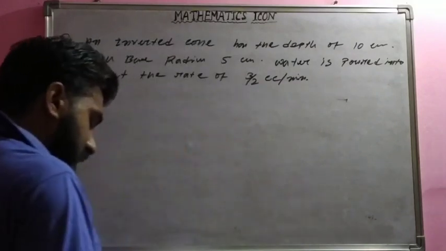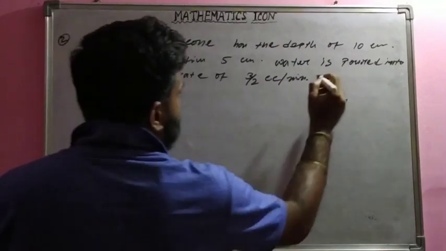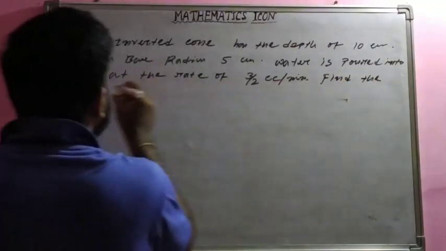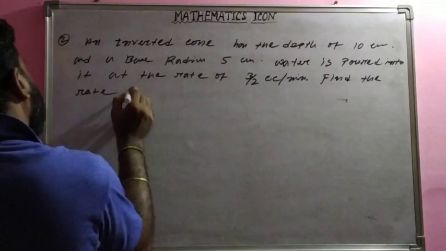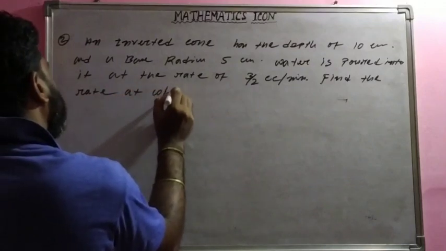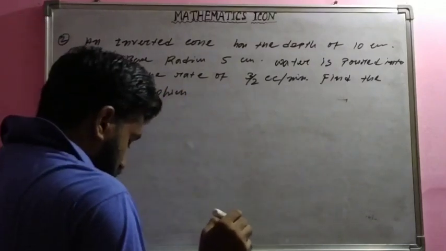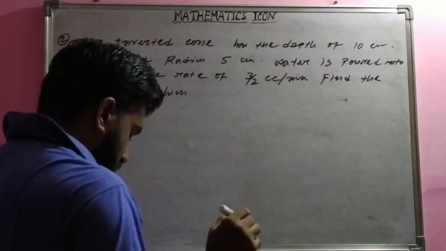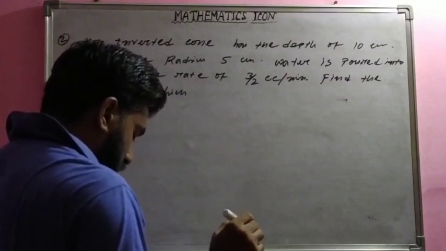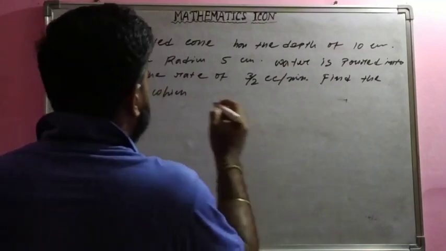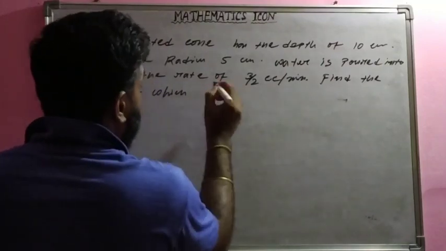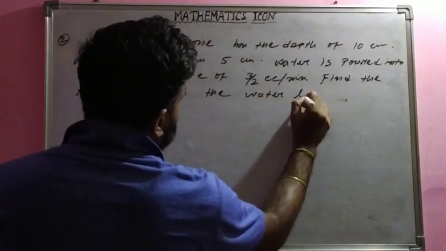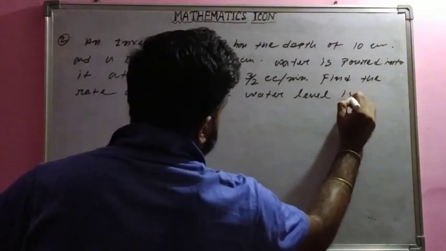Cc per minute. Find the rate at which the water level is rising.